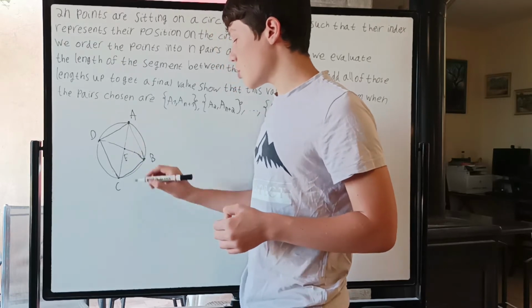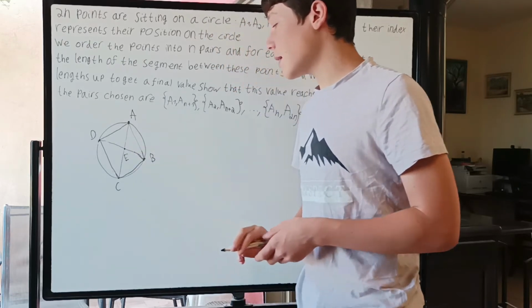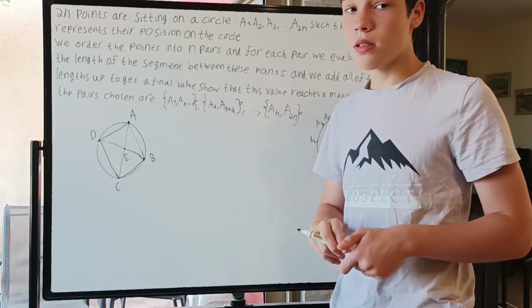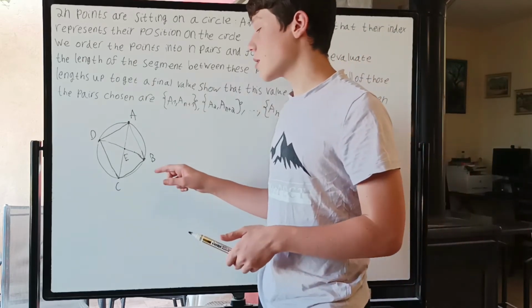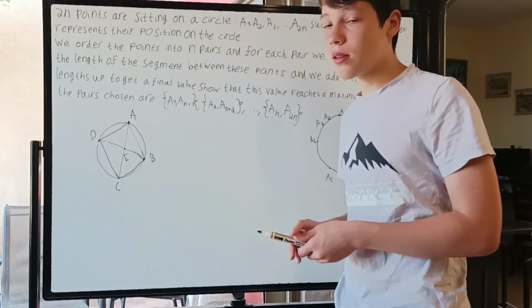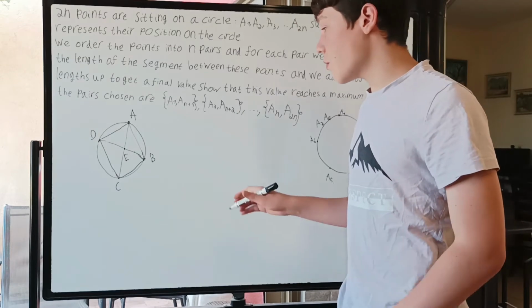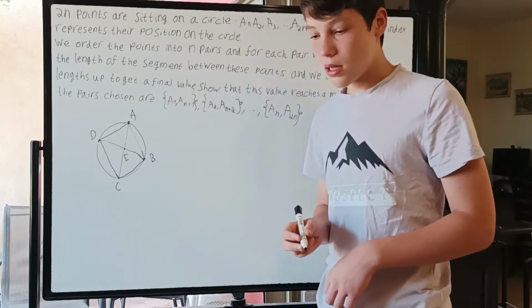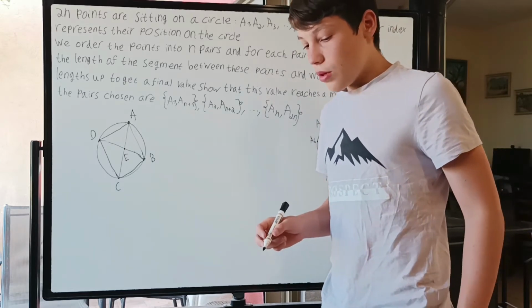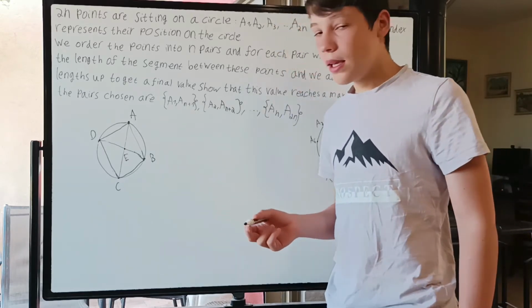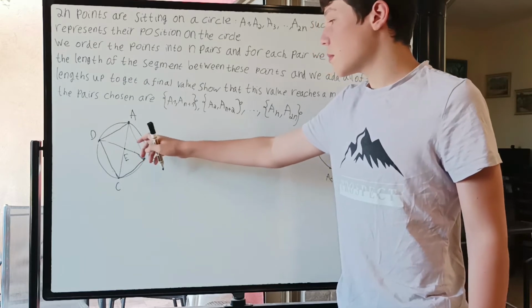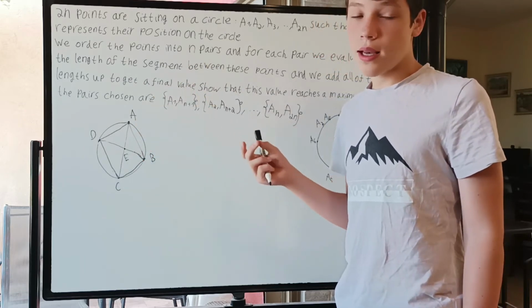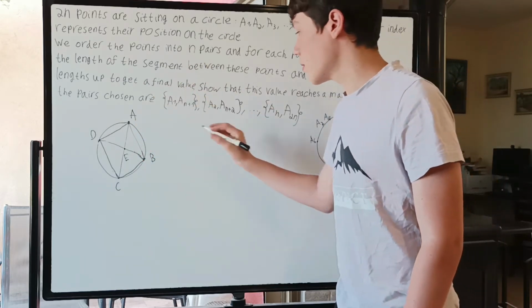Since AC and BD are the diagonals, they have an intersection point E inside the circle. And from this, we know by the triangle inequality that the sum of the lengths of 2 sides has to be bigger than the third.